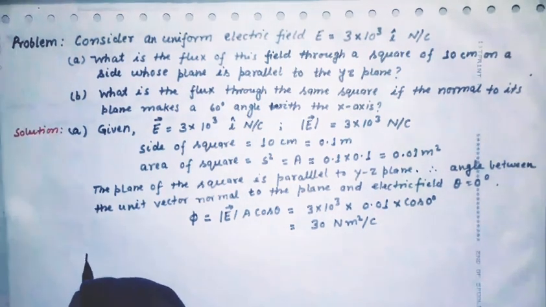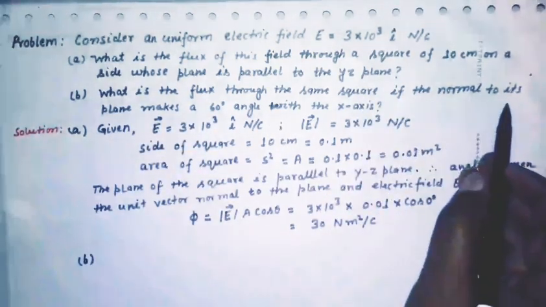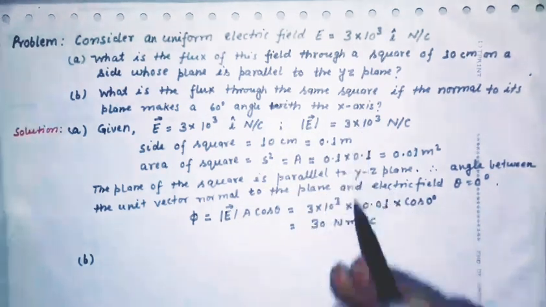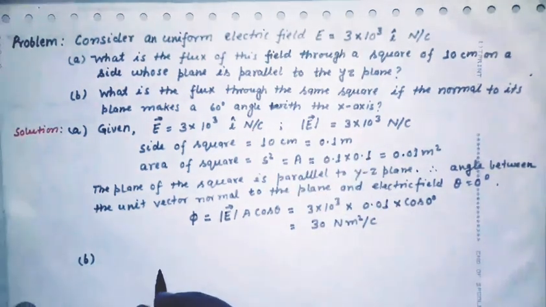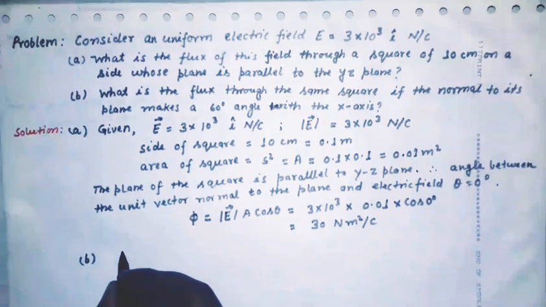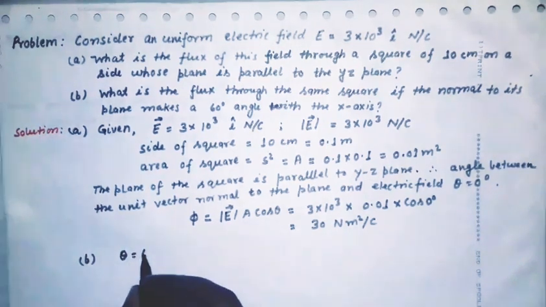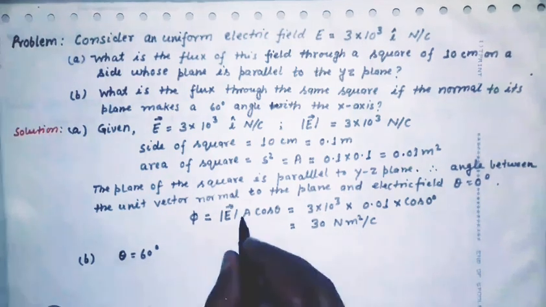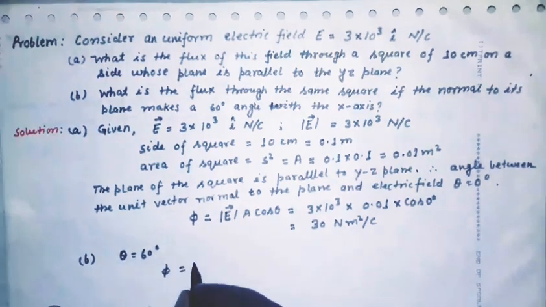Now the second part of this problem: what is the flux through the same square if the normal to its plane makes a 60-degree angle with the x-axis? So the angle is 60 degree, therefore theta equal to 60 degree. Now put down the values in the same formula. Phi equal to EA cos theta.